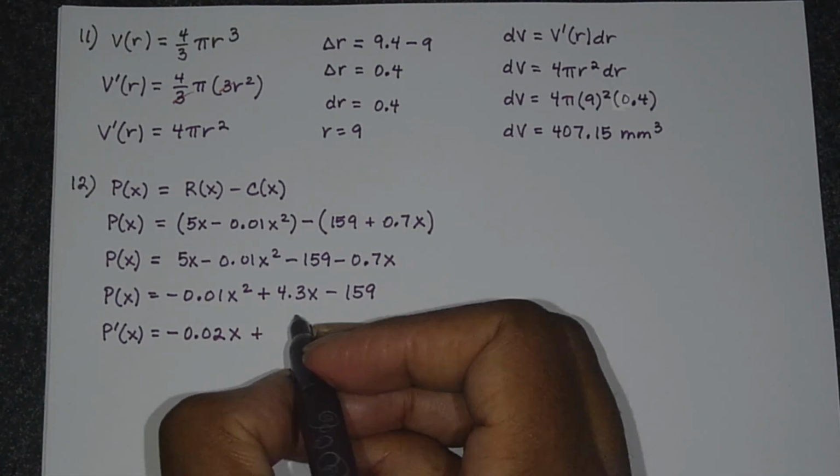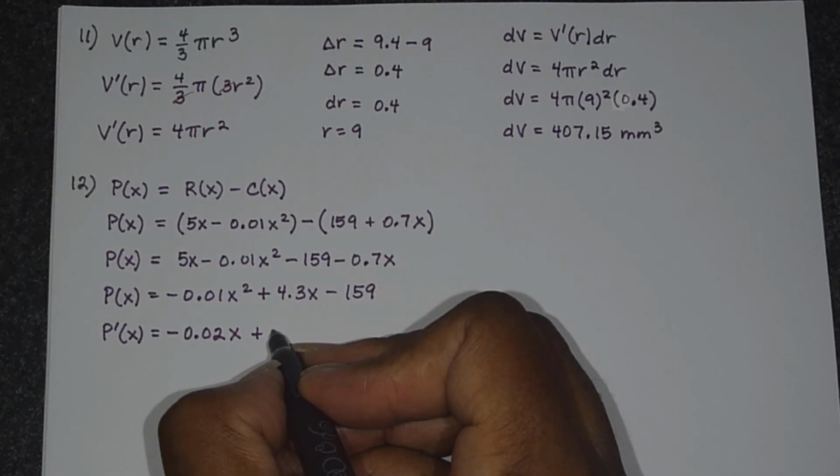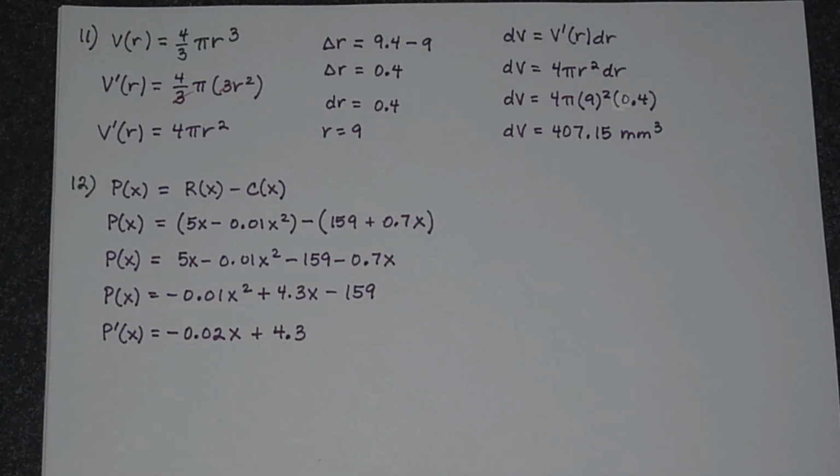And then the derivative of 4.3x would be just 4.3. And that's all there is to it. So that is the marginal profit function. P prime of x equals negative 0.02x plus 4.3. When you're dealing with marginal profit or marginal revenue or marginal cost, you have to take the derivative of those functions. All right, questions on problem number 12.